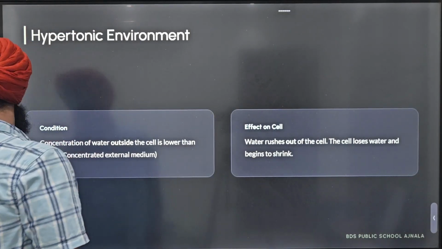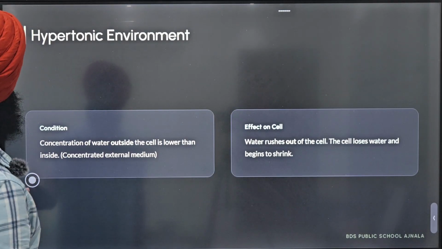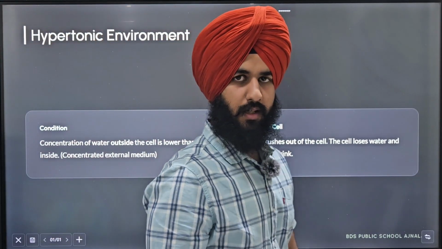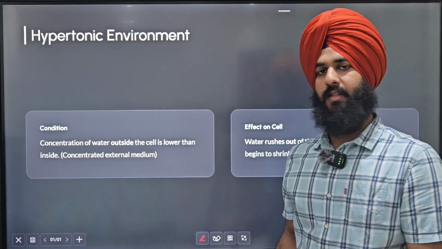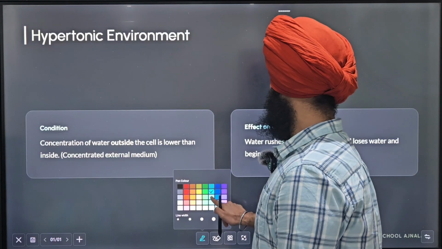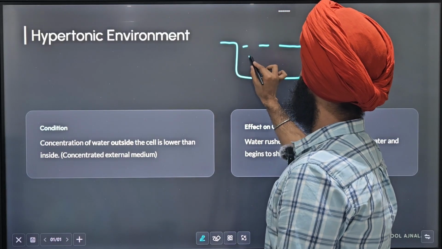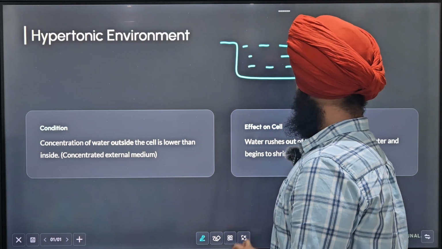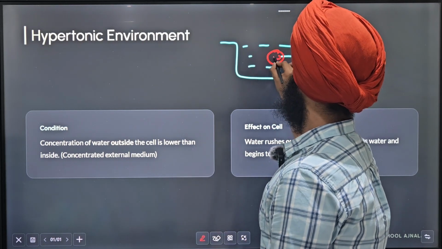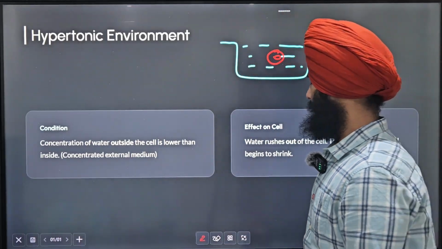Next up, we have the hypertonic environment. In a hypertonic environment, the concentration of water inside the cell is higher than the concentration of water outside the cell. So in this case, we have a container with water inside it, and then there is a cell, and the concentration of water inside the cell is higher than the concentration outside.